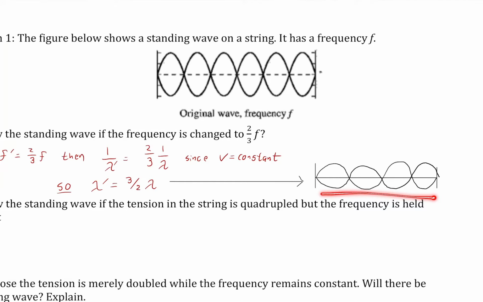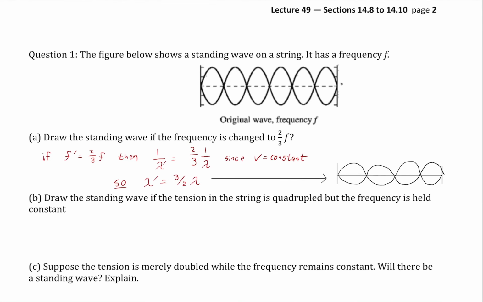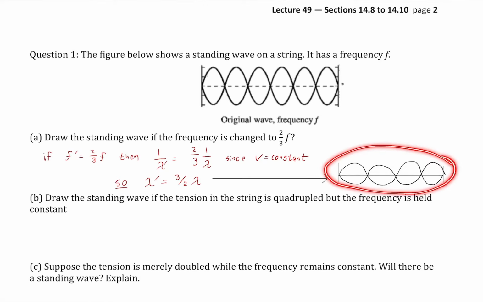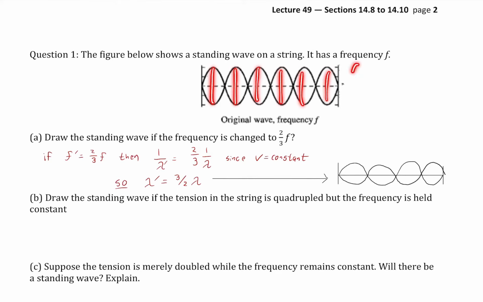So that's our new standing wave. And I'll finally tell you what the harmonic was. This one was the 1, 2, 3, 4, 5, 6th harmonic. And now that we have changed the frequency by 2/3, thus increasing the wavelength by 3/2, now we have the 4th harmonic. We went from 6th to 4th.